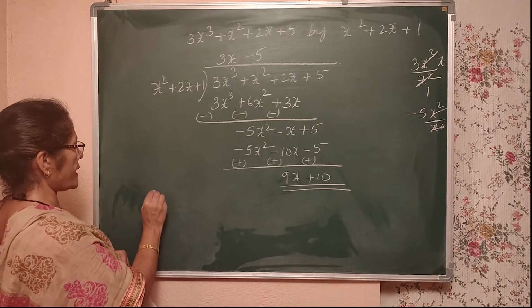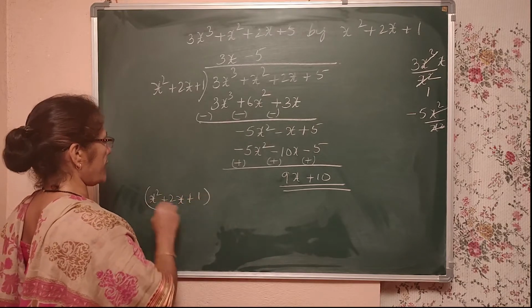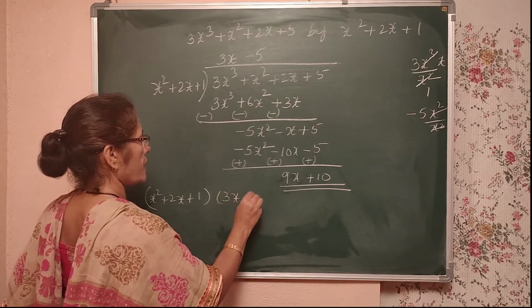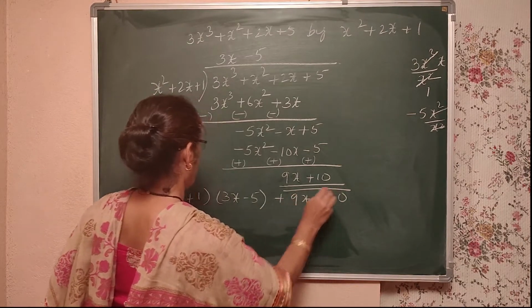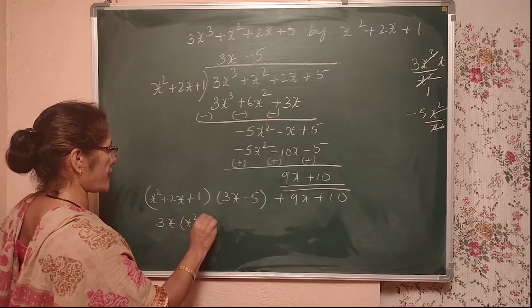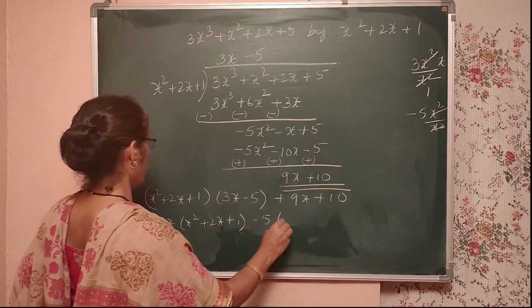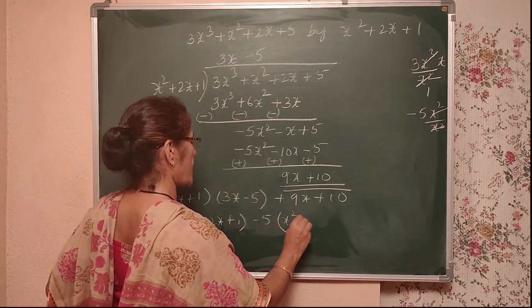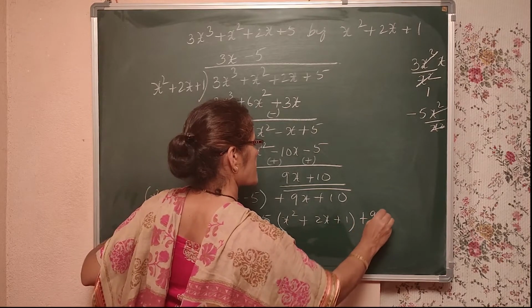So, let us do (x square plus 2x plus 1) into (3x minus 5) plus 9x plus 10. Let us see. So, 3x into (x square plus 2x plus 1) minus 5 into (x square plus 2x plus 1) plus 9x plus 10.